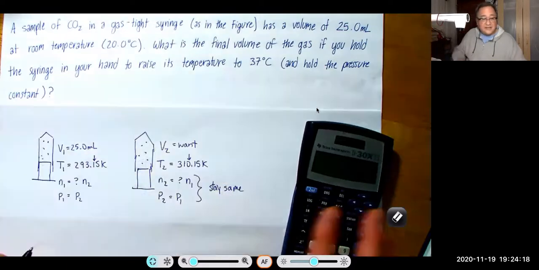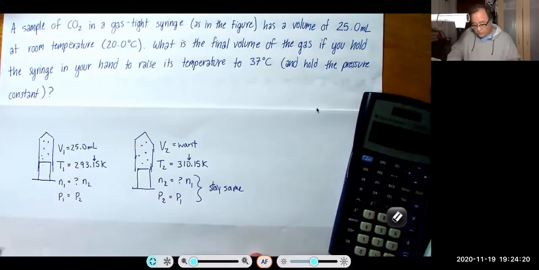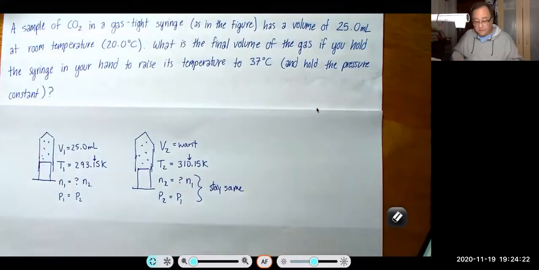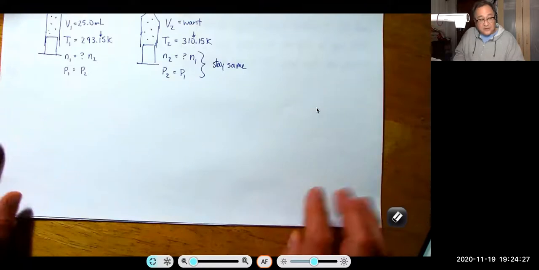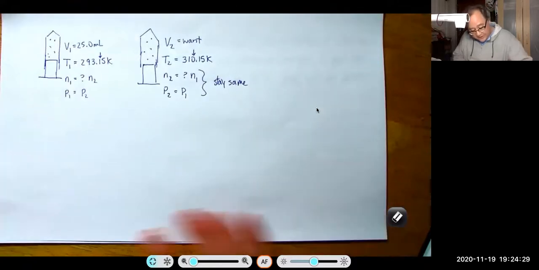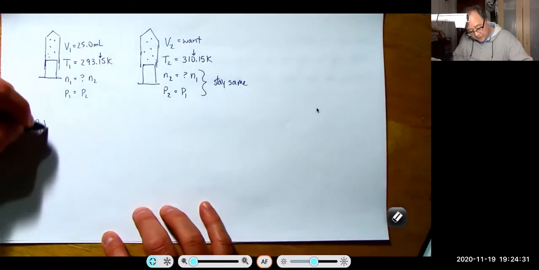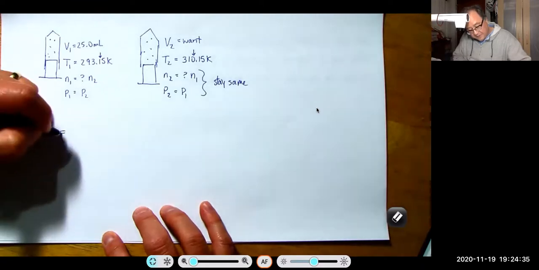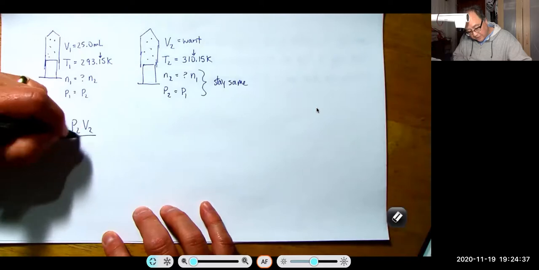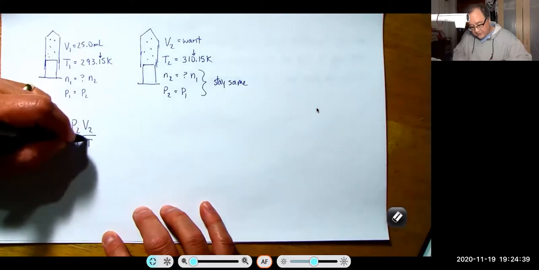And if they stay the same, what do we do when we have that equation? We remove them. So what is that equation again? Let's take a look. The equation is P1 V1 over N1 T1 is equal to P2 V2 over N2 T2.